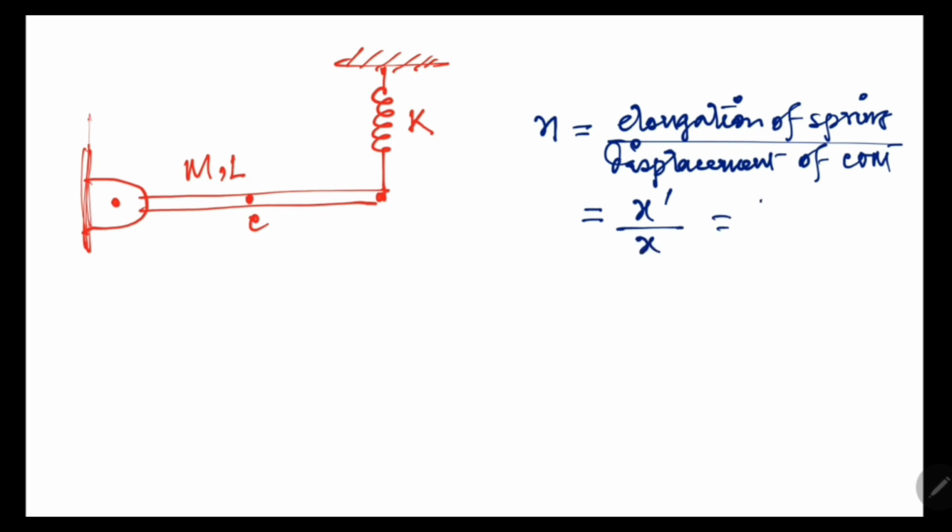Here x dash equals L into theta and displacement is L by 2 into theta, that equals 2, and effective spring constant equals n square into k, that equals 4k.